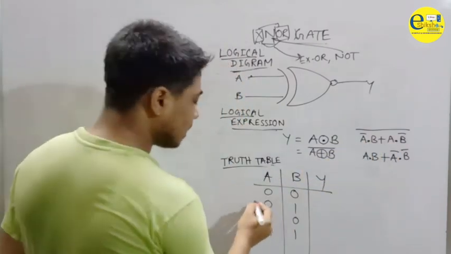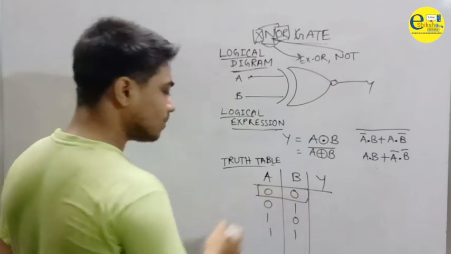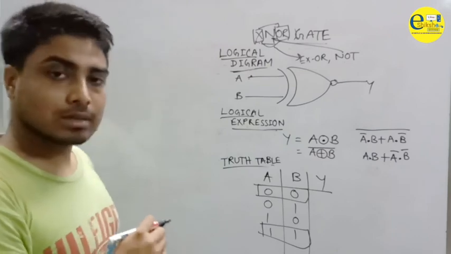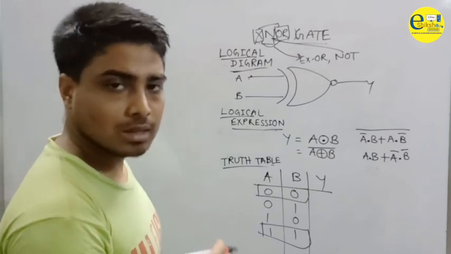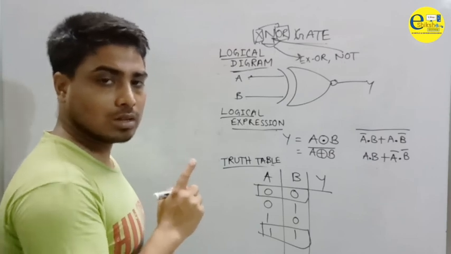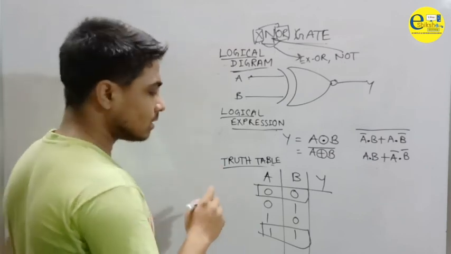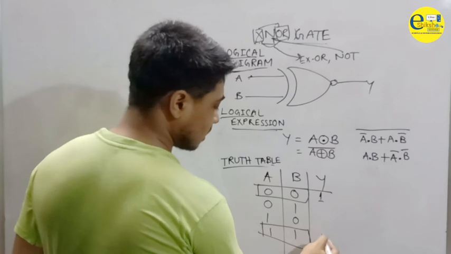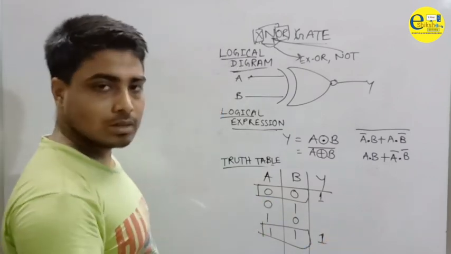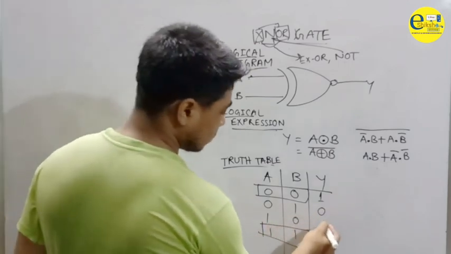If both inputs are the same, then in the case of the XOR gate the output was 0, but in this case the output will be 1, as it is complemented. And if both inputs are different, then the output will be 0.